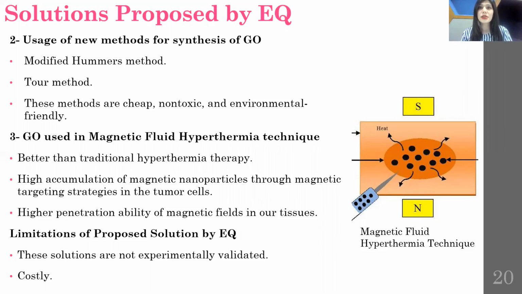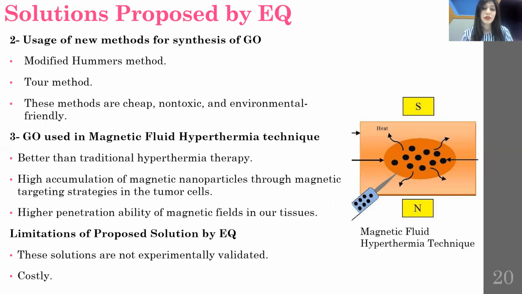Magnetic fluid hyperthermia has a lot of advantages compared to other laser-based hyperthermia. This includes high accumulation of magnetic nanoparticles through magnetic targeting strategies in the tumor cells. There is also higher penetration ability of magnetic fields in our tissues. This therapy has been largely investigated due to its limited side effects and high efficiency.